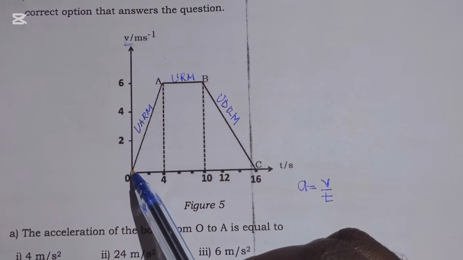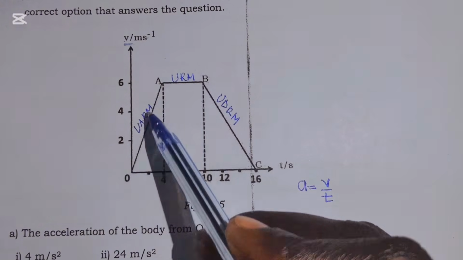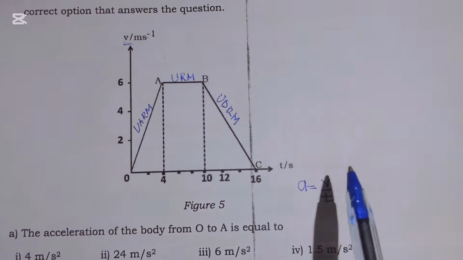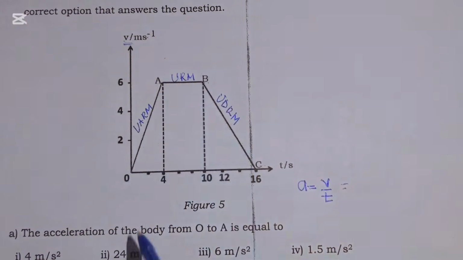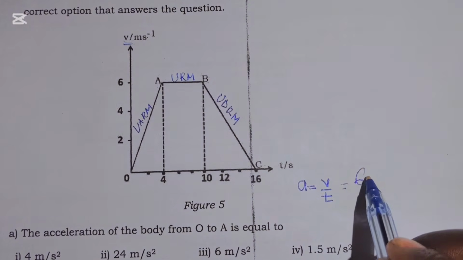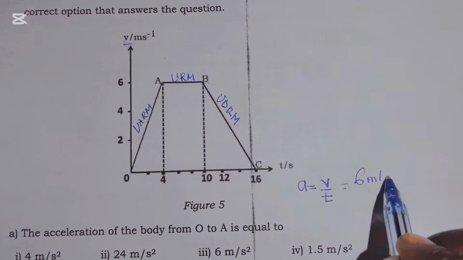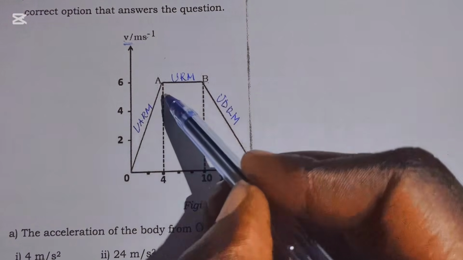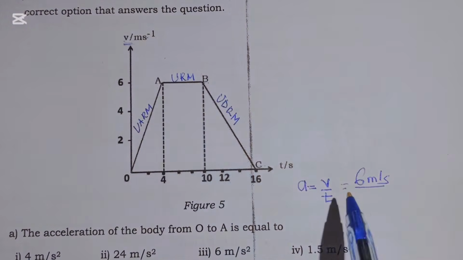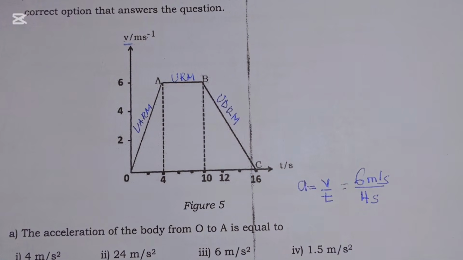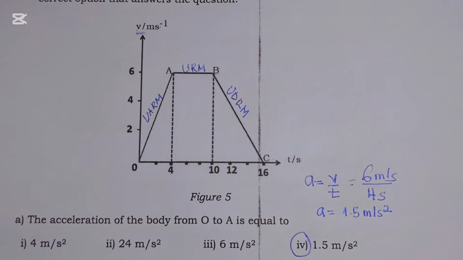From O to A, we have a velocity of 6 meters per second over a time of 4 seconds, so acceleration is 6 divided by 4, which is 1.5 meters per second squared. And of course, this is the right answer.